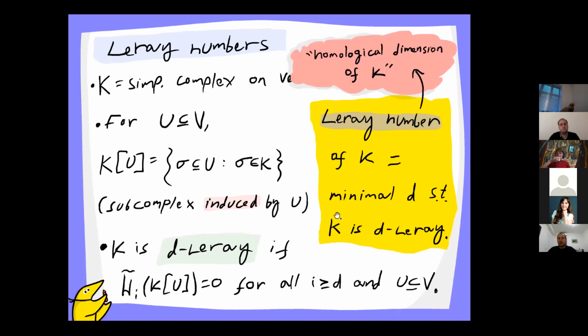We can think of this Leray number as some kind of homological dimension of the complex, meaning that perhaps we have a complex that has a very large dimension, but if the Leray number is bounded, then in terms of homology, nothing interesting happens above this dimension d.